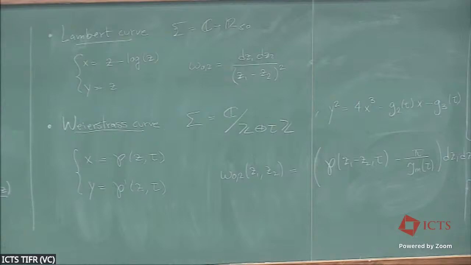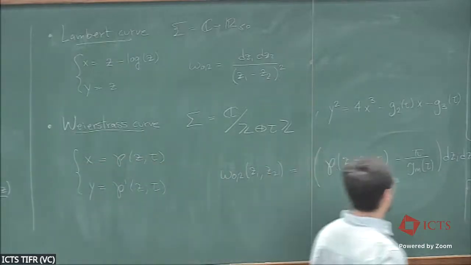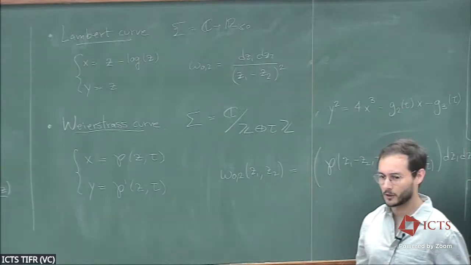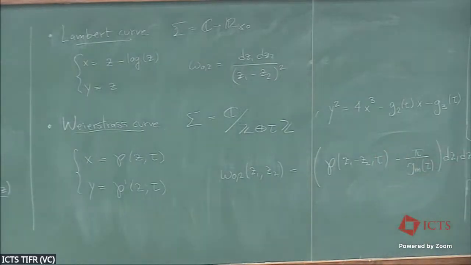At least in the compact case, they are essentially the variables of a polynomial defining your curve. But what about omega 02? It seems like a very strange object with these strange conditions on this double pole along the diagonal and so on. So what I'm about to say is something kind of classical from the theory of Riemann surfaces, but maybe not so well known. So I'll spend some time explaining this.